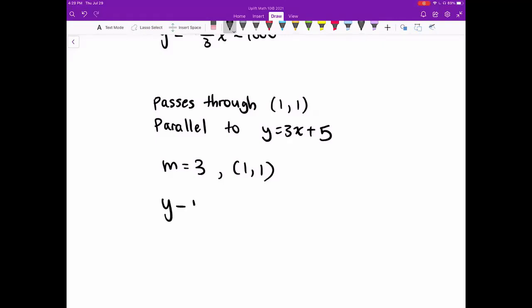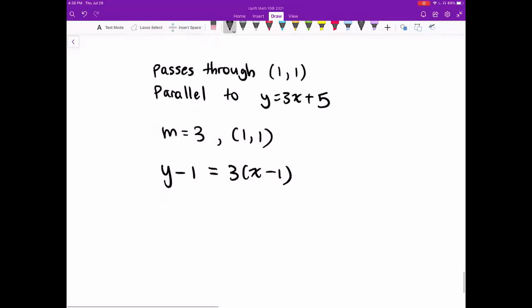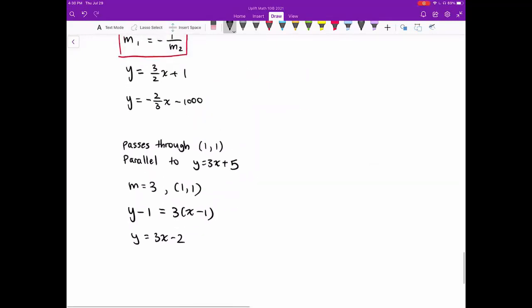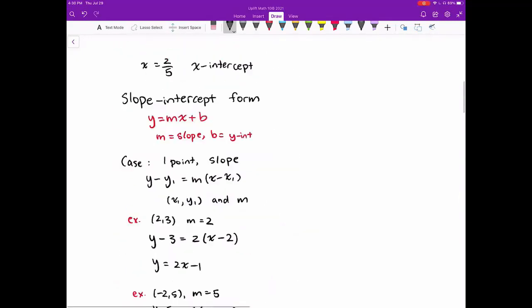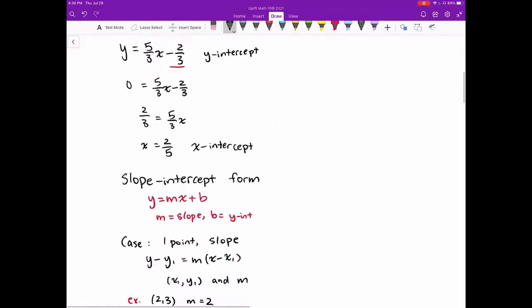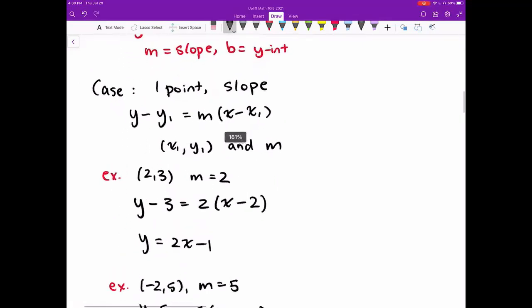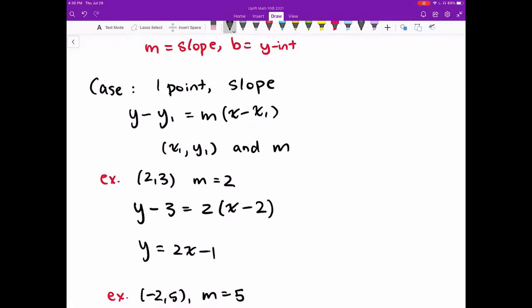We get y minus 1 is equal to 3 times x minus 1. If we go back, we have 1 point and 1 slope, so case 1, 1 point and 1 slope, and we use this equation right here.